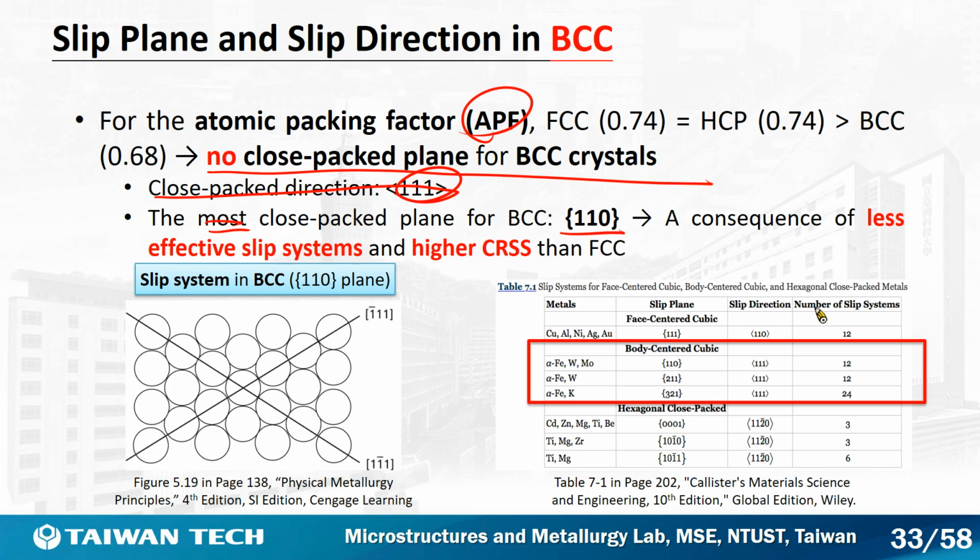It will cause a consequence of less effective slip systems. So regarding the effect, it is less effective, but the number is very high. Okay, so you will have a higher CRSS than FCC.